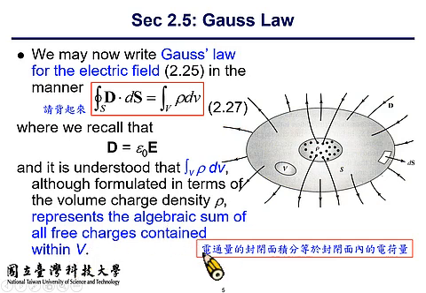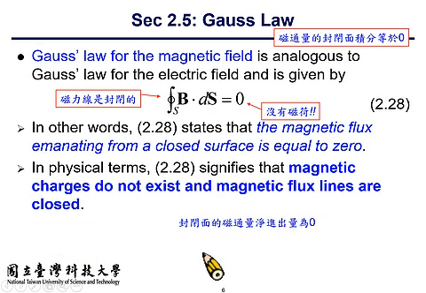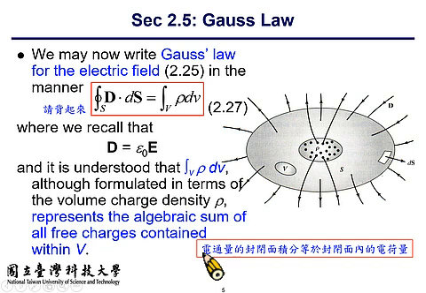However, it can be replaced with a surface integral of surface charge density or a line integral of line charge density. But anyway, the right is a calculation of the total charge within that space. So this is essentially Gauss's law for the electrical field.